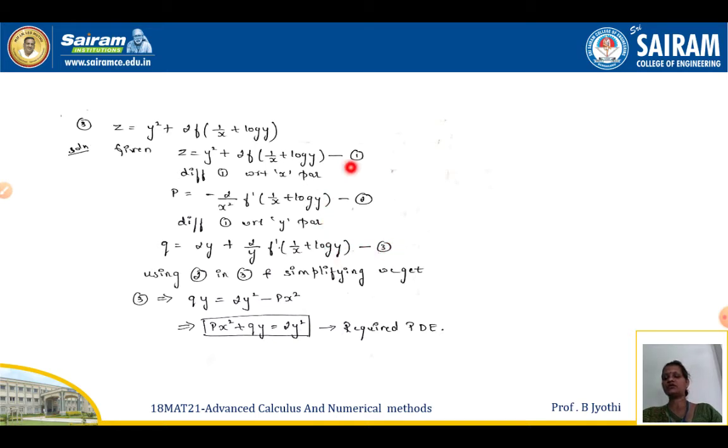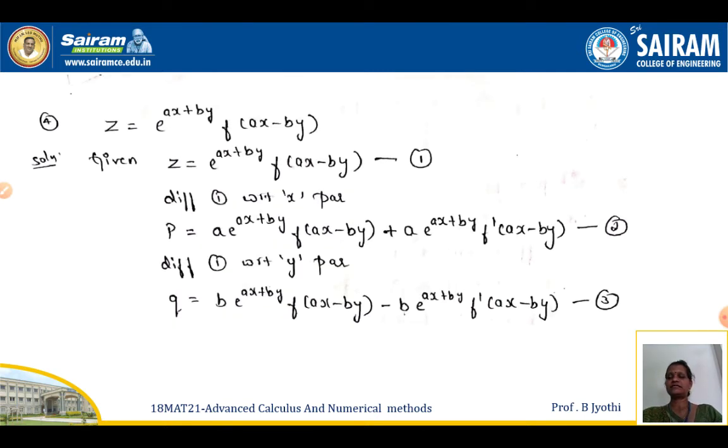We can make use of all the 3 equations or any 2 equations and simplify in such a way that f dash gets eliminated. So we can replace f dash from either the second one or the third one, and on simplification we get qy is 2y square minus px square, which is the required partial differential equation.